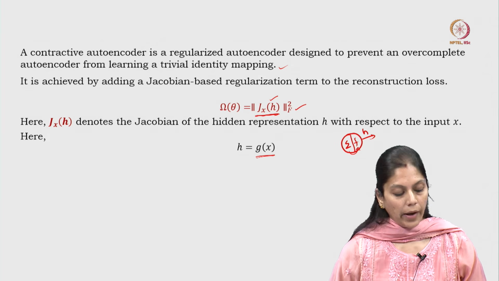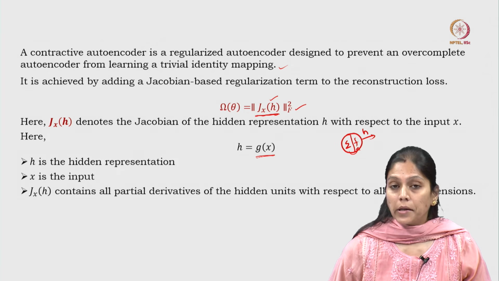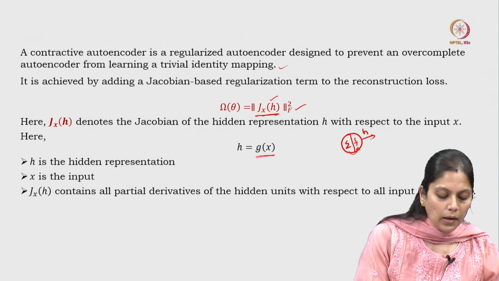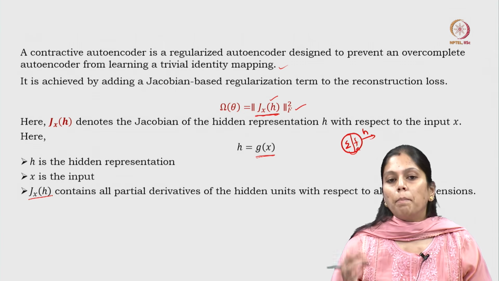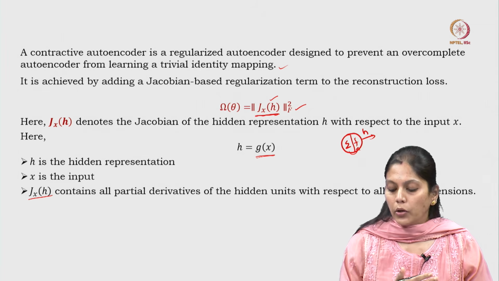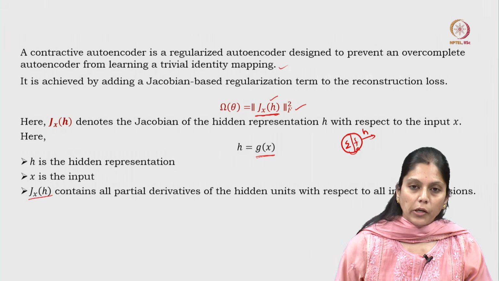That is g of x, that is the hidden representation. The output is h, where x is the input, and this term contains the partial derivatives of all the hidden units with respect to all the input dimensions.